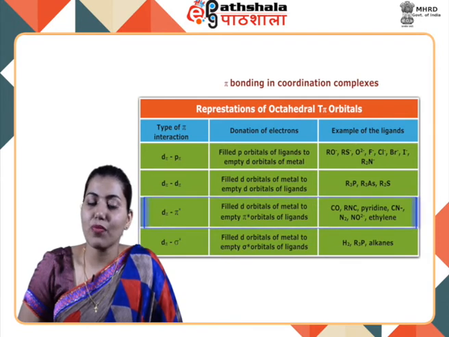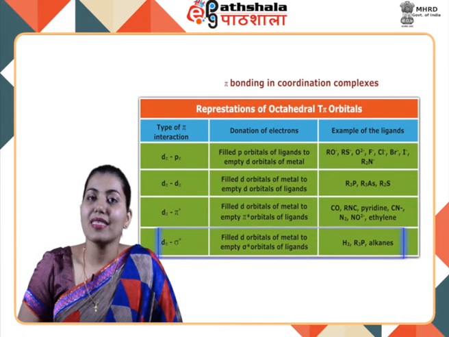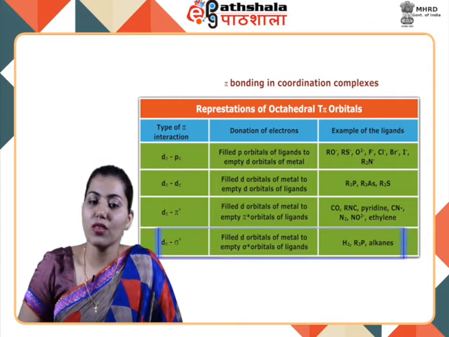Another type of bonding possible is d-pi sigma star bonding, where the filled d orbitals of the metal transfer their electrons to the empty sigma star orbitals of the ligands. The examples include various types of substituted phosphines and alkanes.